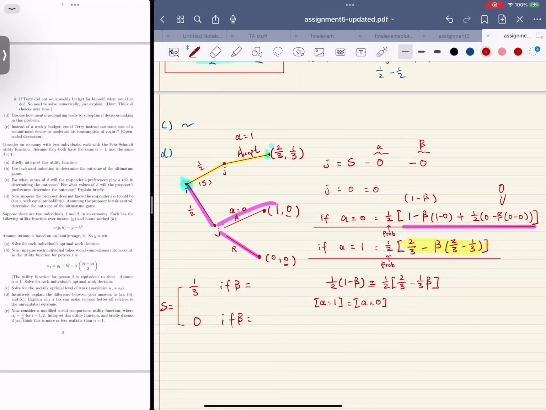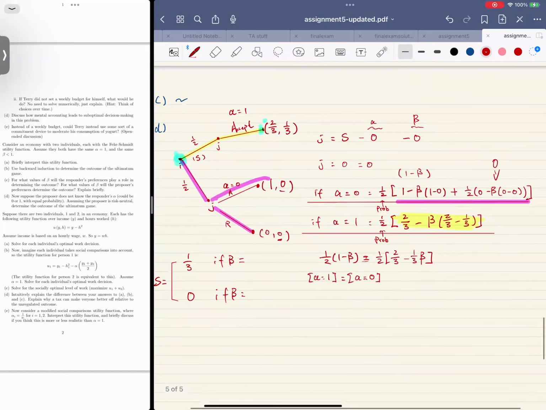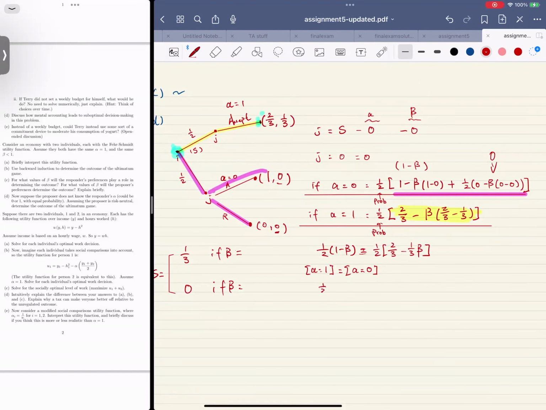Okay, I got it now. Yeah, makes sense. We're trying to set them equal so I is indifferent. We're trying to find that critical point at which I has to make the decision of whether to give 1/3 or give 0. Let me just quickly go.